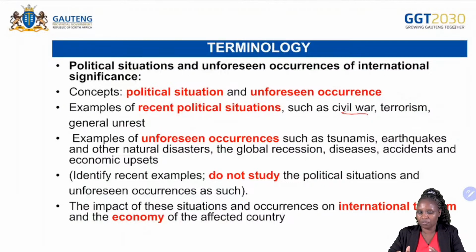It is an act of terror. Another example is the two aeroplanes that were hijacked on 11 September 2001 in the United States of America. These aeroplanes went straight into the Twin Towers, and a lot of people died there. That was an act of terrorism.